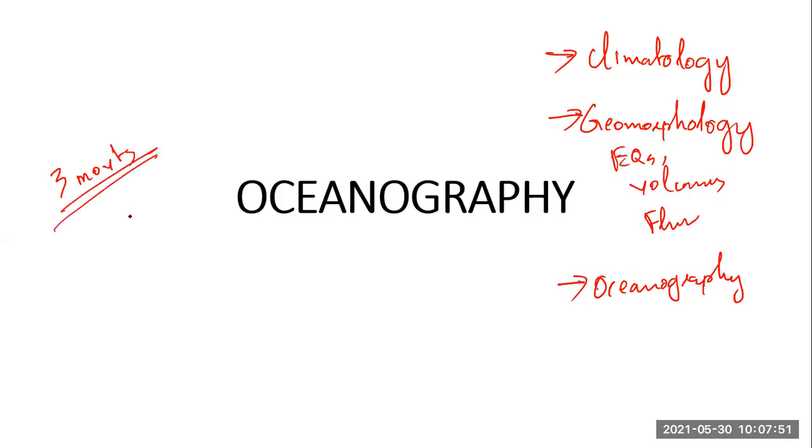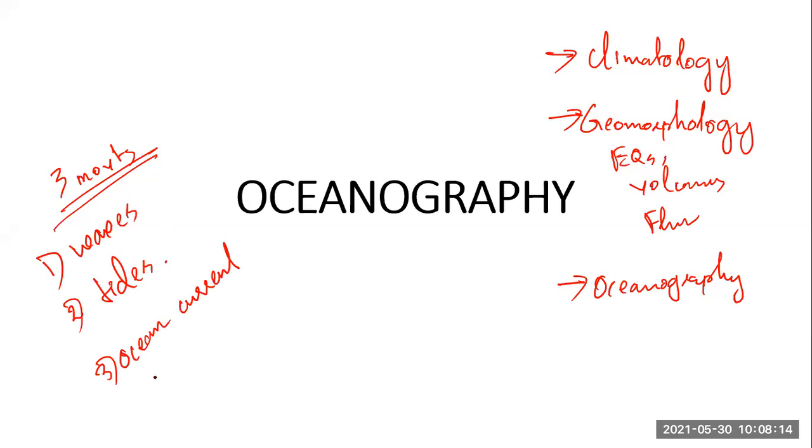The first is ocean waves, the second is ocean tides, and the third is ocean currents. So we can look at them one by one.